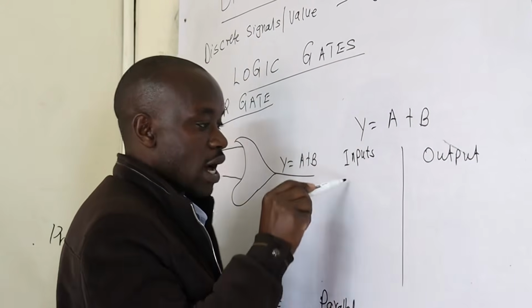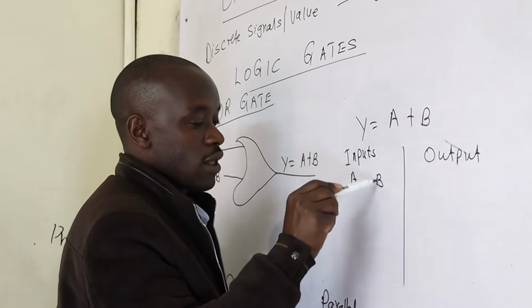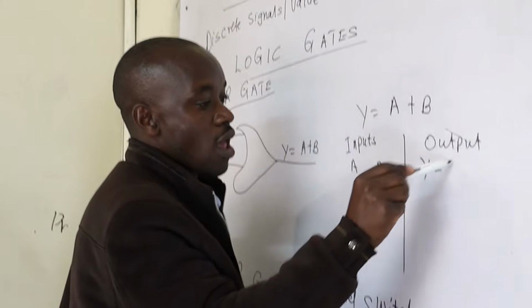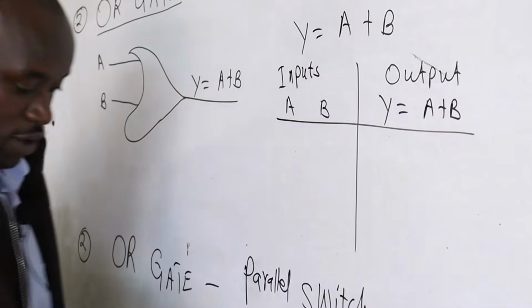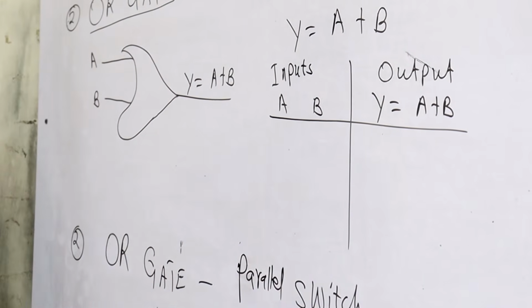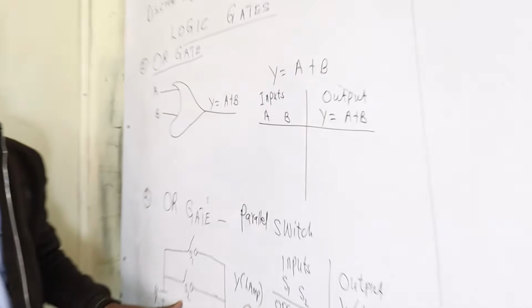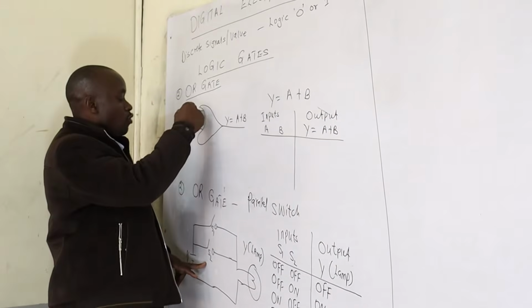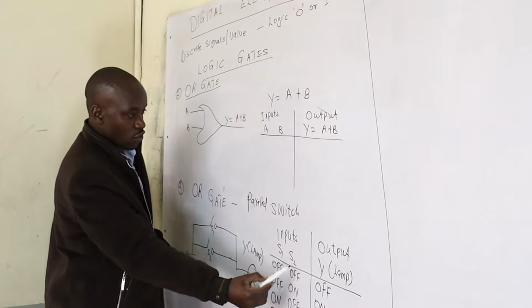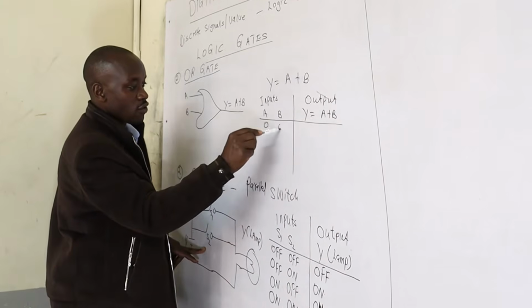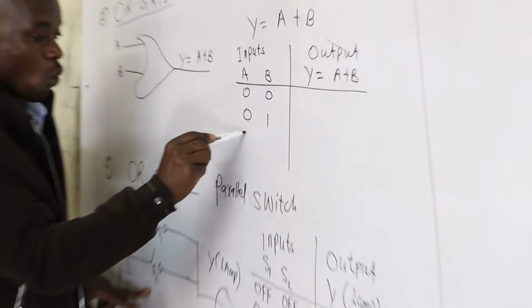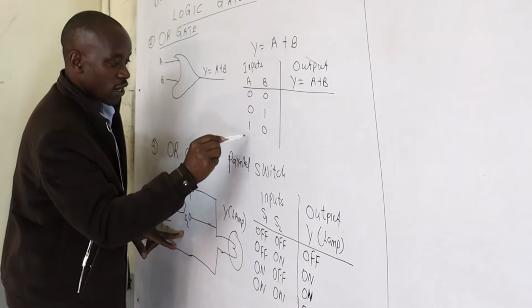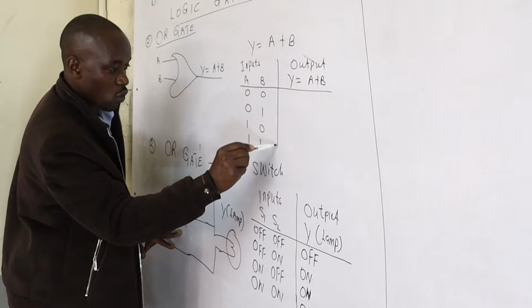Our inputs are A, B, and then we have Y equals A plus B. From down here, I want us to link this: switch 1 and switch 2. So our switches are the inputs A and B. So 0, 0, if A and B are 0, 0, off, off; 0, 1, off, on; 1, 0, on, off; and then 1, 1, on. What will happen?